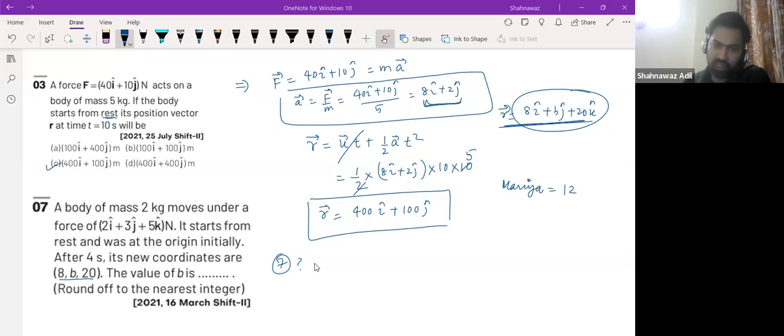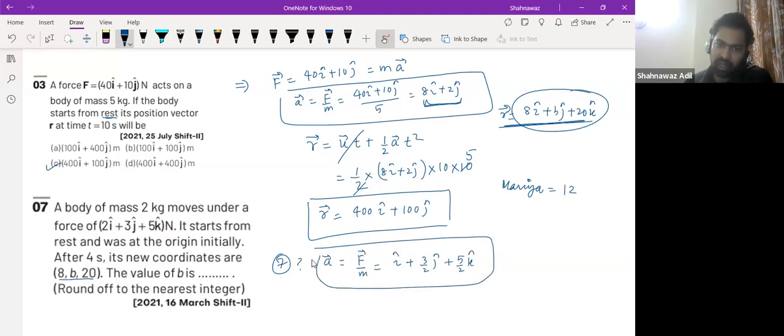Okay, so let us see this again. Acceleration is how much? F by m. So this is 2 by 2, so I hat plus 3 by 2 j hat plus 5 by 2 k hat. So this is your acceleration. Again, it is starting from rest, right? And after 4 seconds, so t is 4 seconds. So r is simply half at square. So half, this is I plus 3 by 2j plus 5 by 2k, and then 4 into 4.